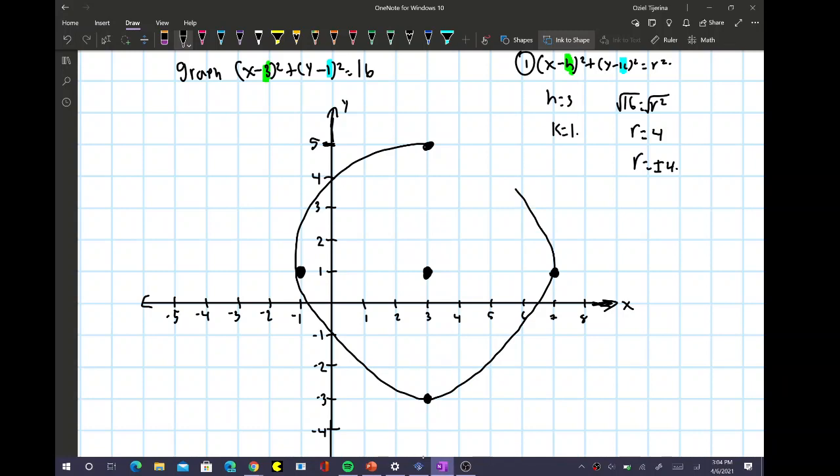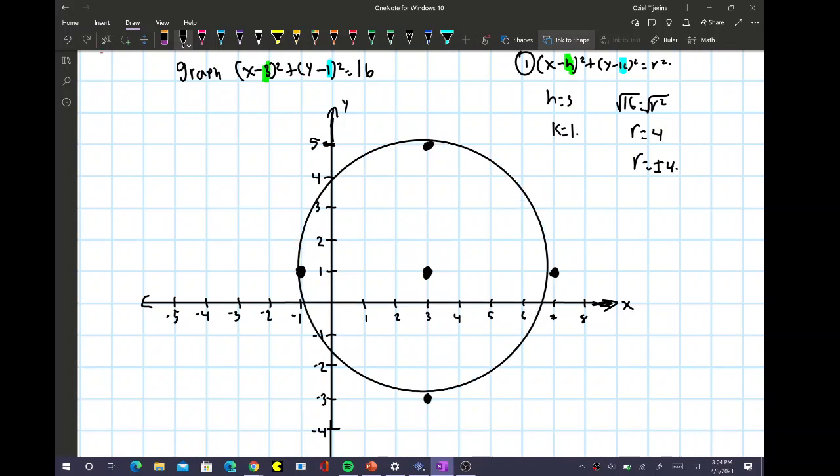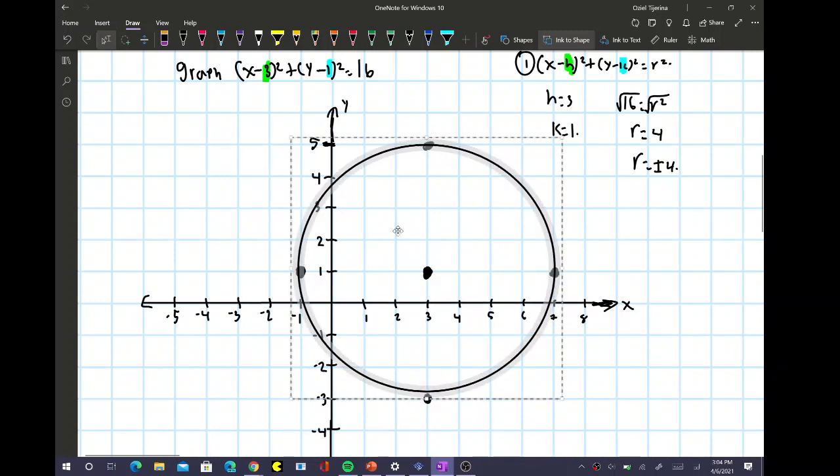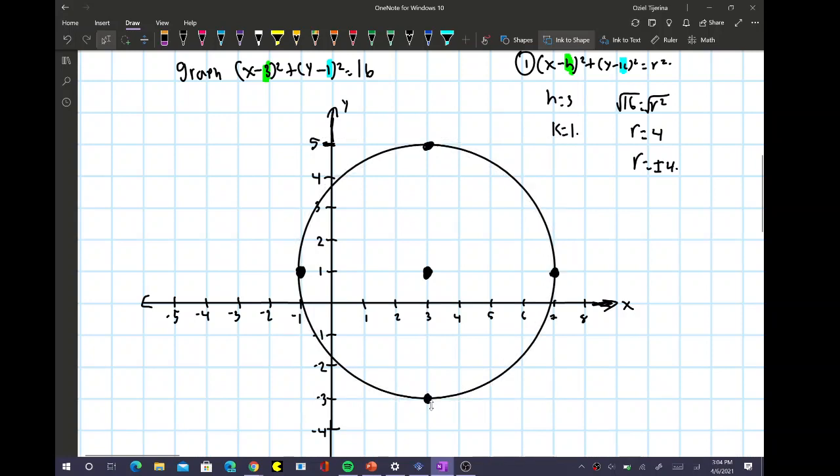And obviously, when you're doing this on paper, it's not going to be perfect, and that's okay. You don't have to do it perfectly. It's just like lines. When you graph lines or a parabola, it's not perfect.